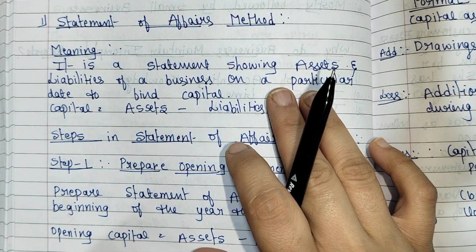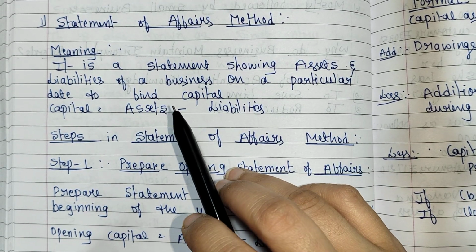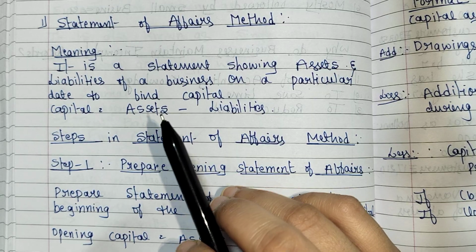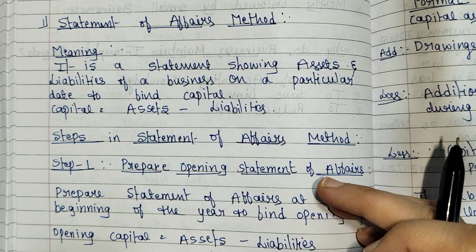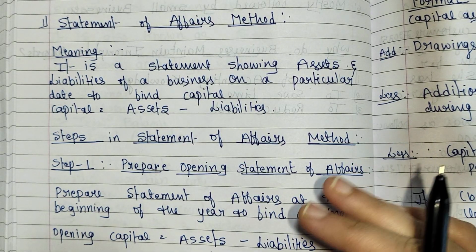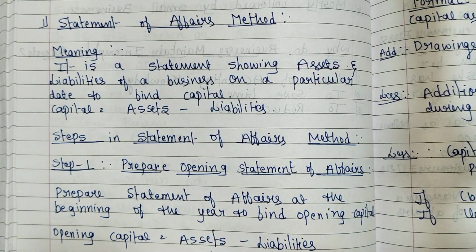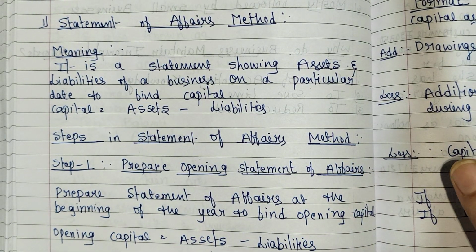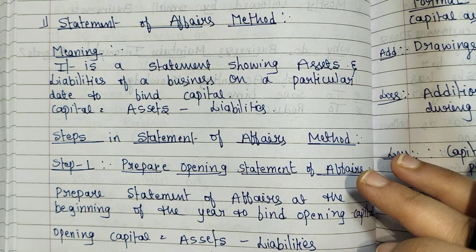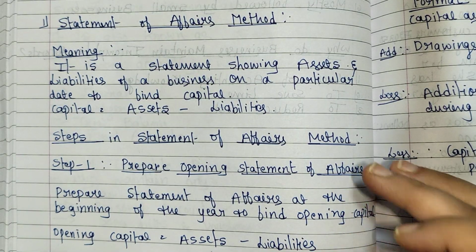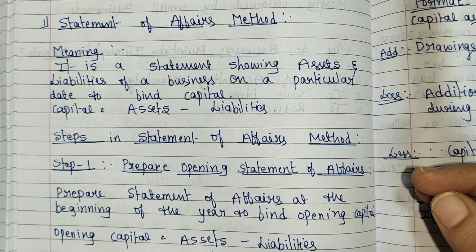Here the statement of affairs is a statement that shows the assets and liabilities to find out the capital. Clear? So statement of affairs method is used to find profit or loss when complete records are not available. It is similar to a balance sheet but prepared from incomplete information. A balance sheet is always prepared from complete information, but the statement of affairs is prepared from incomplete information.